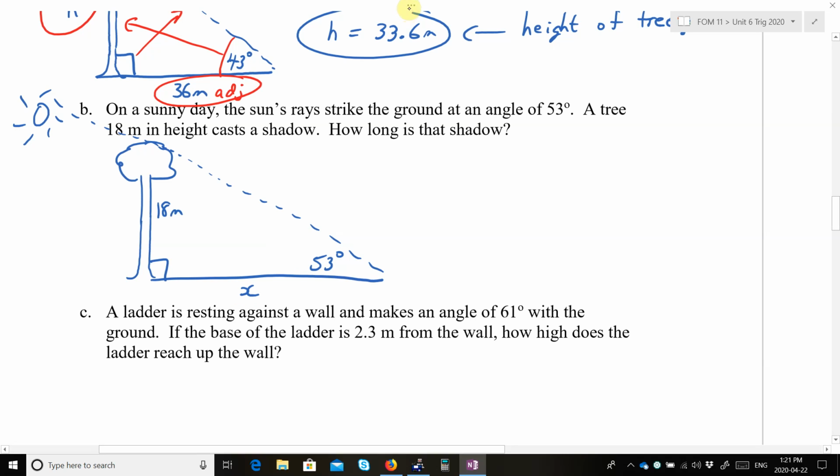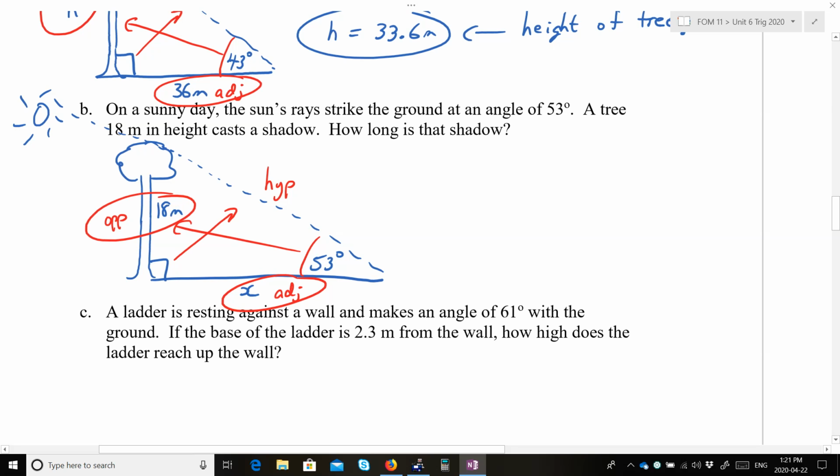So there's our triangle. Let's label the sides based on this angle. Across from that angle is the opposite side. Across from the 90 is the hypotenuse, so this is the adjacent. So they want us to find the adjacent length, the length of the shadow, and we have the opposite.